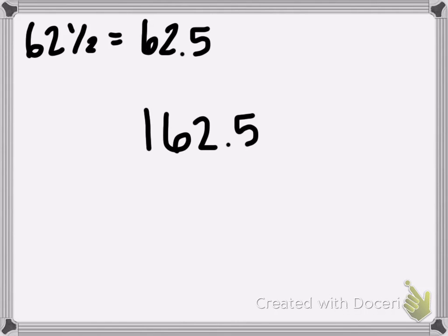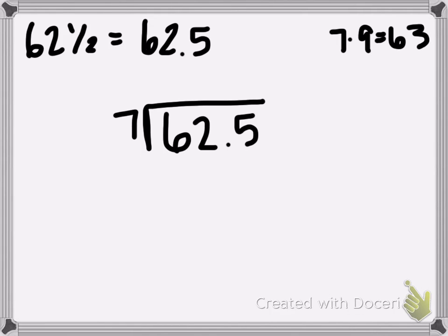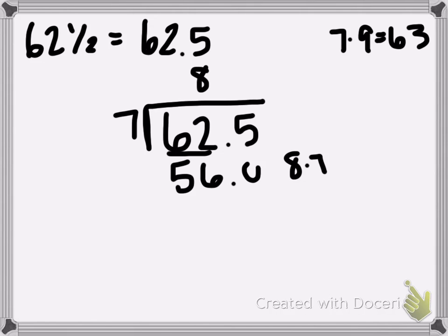So we have 62.5 divided by 7. How many times does 7 go into 62? I immediately think 7 times 9 is 63. So it's actually going to be how many times does 7 go into 62? 8. 8 times 7 is 56.